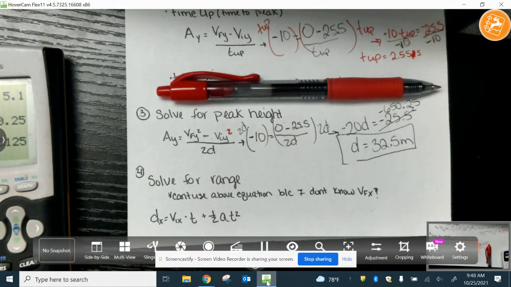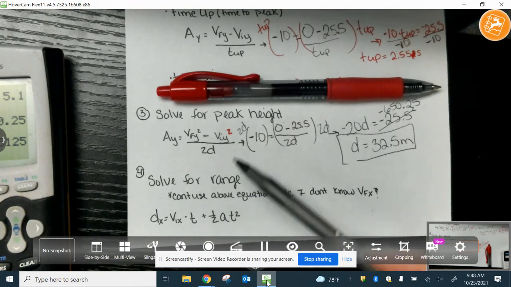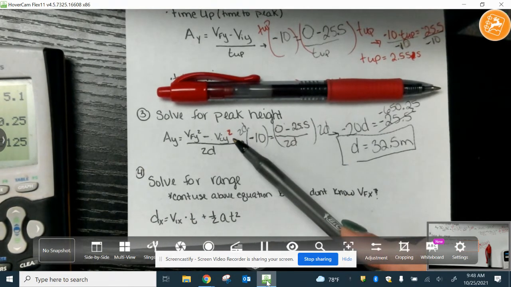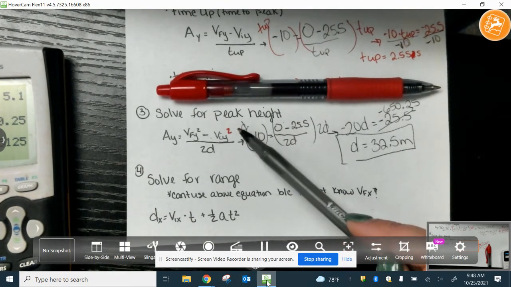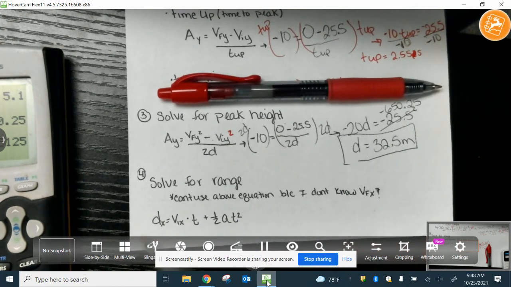All right, the second part, step 4, says solve for the range. I cannot use this same formula in the x direction because I do not know what my final velocity is in the x direction. I could solve for it, but it didn't ask me for that, so why would I want to? So I can use my distance formula.